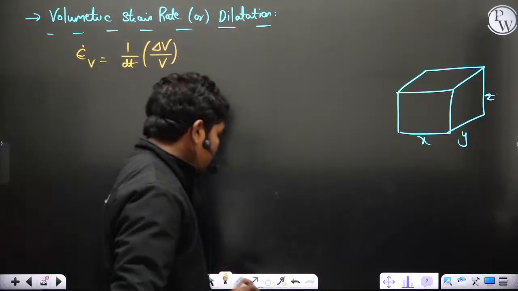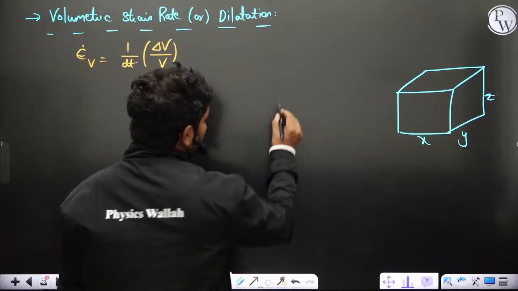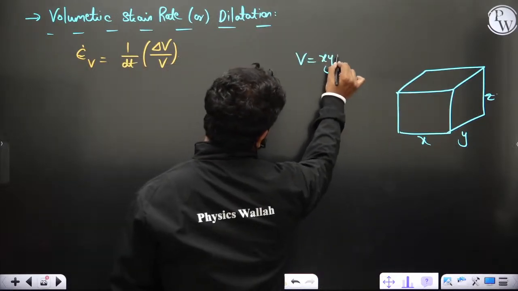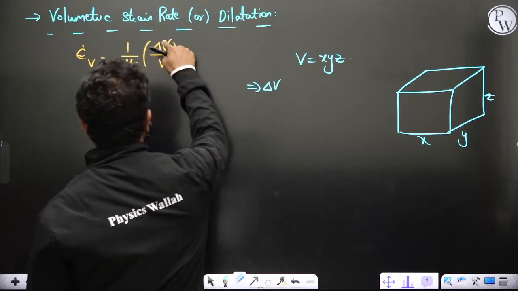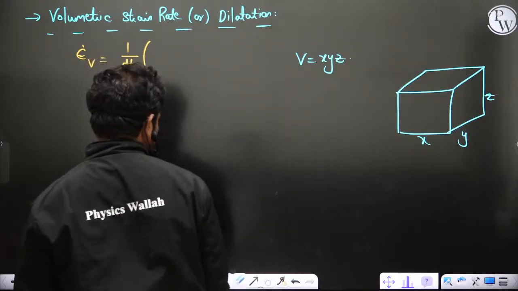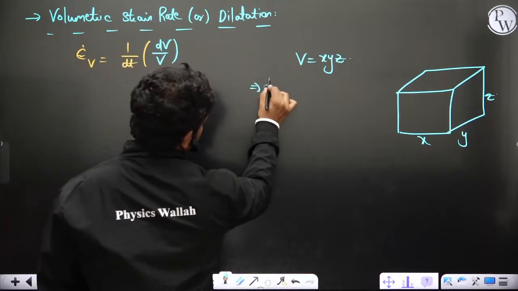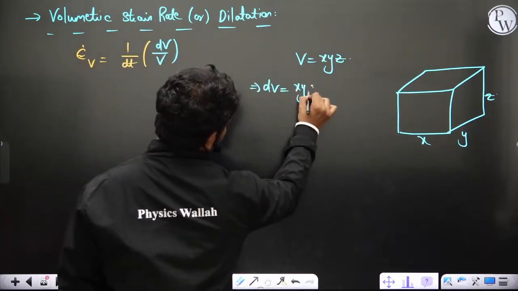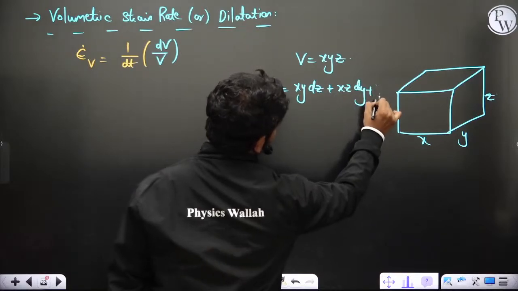Now, if you have this fluid element, for example, volume can be calculated as x, y, z, correct? So delta v or dv, let us say, for small changes, you call this dv by v. If you do dv, you will get xy dz plus xz dy plus yz dx.